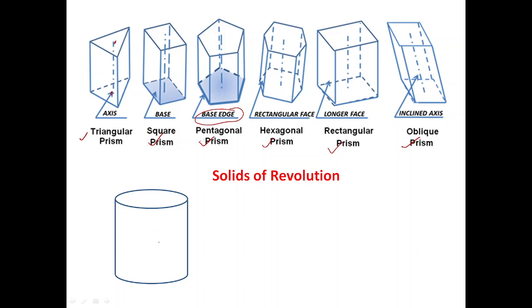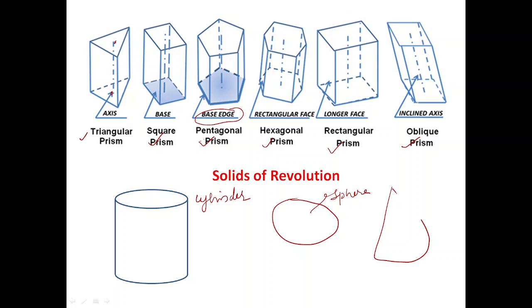So now, solids of revolution: cylinder. One more is sphere, and one more example is cone.